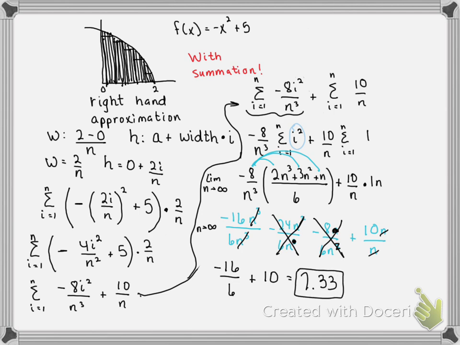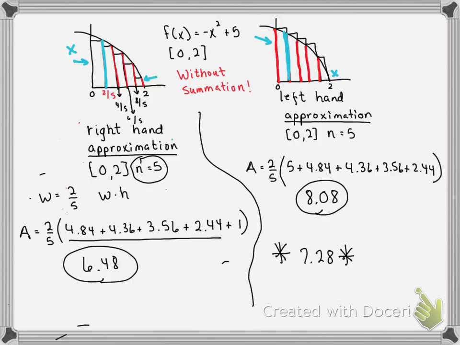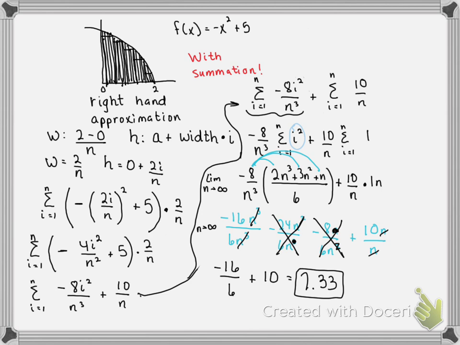And that is the exact area under that curve when you use summation. So this is the average of the two. But look at how close they are. So using summation gives us an exact area under a curve. And I believe that's it.